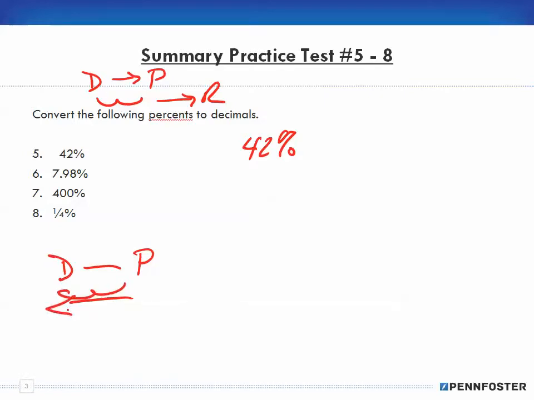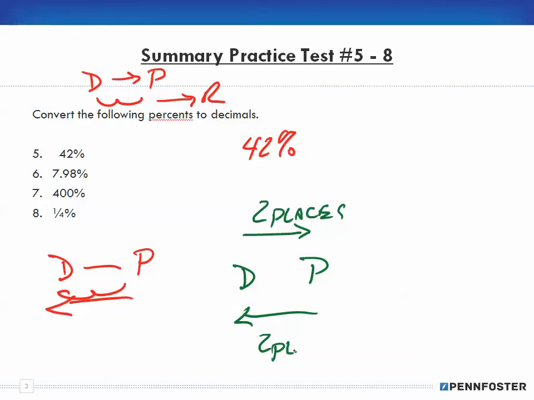So as a quick reminder, put decimal on the left, put percent on the right. If you have a decimal number, you need to move the decimal 2 places to the right. If you have a percent, then you move the decimal place 2 places to the left. That's the easy way to remember it without having to do the math.